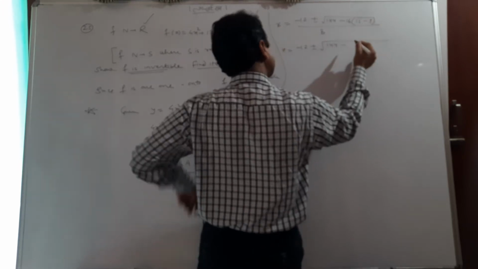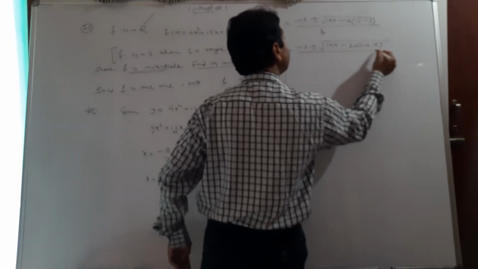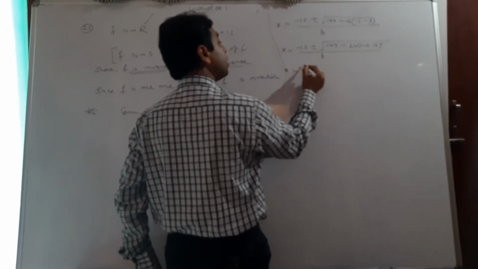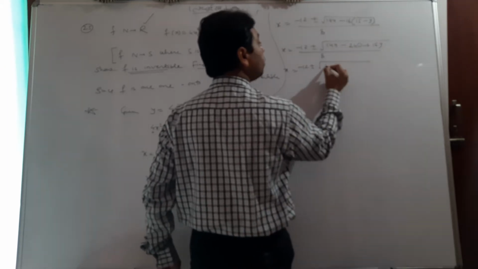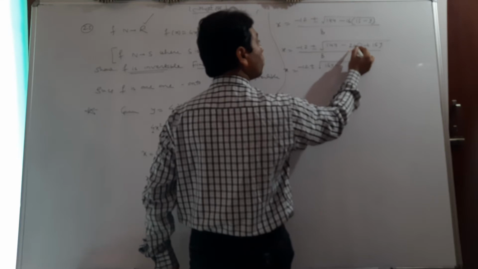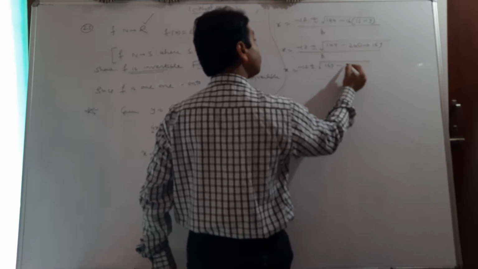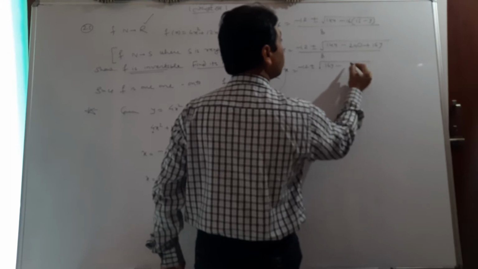So you can just see this is plus 16y upon 8. x is equal to 12 plus minus, these two will be 16y minus 240.